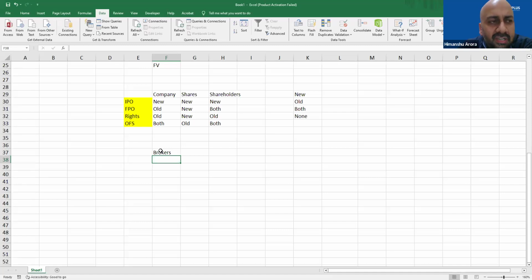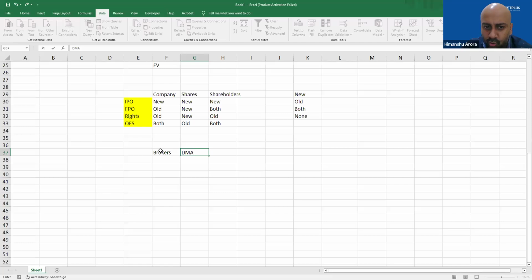Who are brokers? Brokers are basically intermediaries which help you facilitate the transaction. So you will be facilitating a transaction using brokers only. Though, important point here, you may take a note of it, you can bypass the brokers also by purchasing a service called DMA.